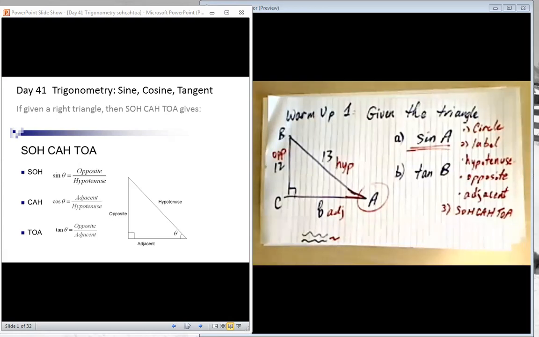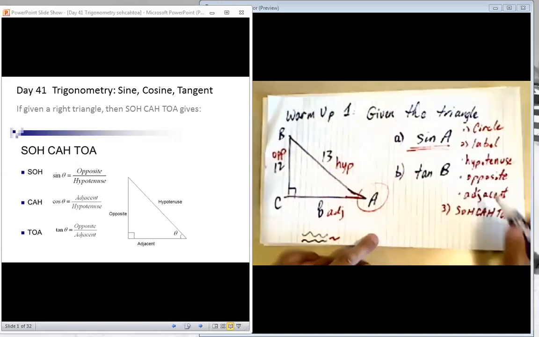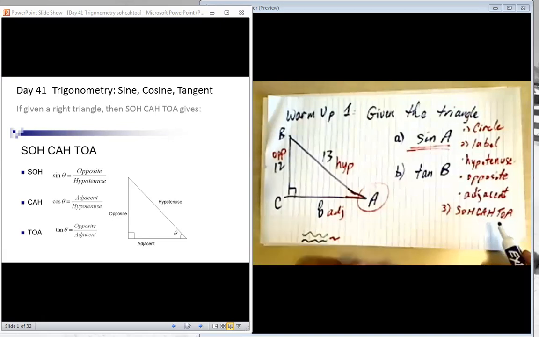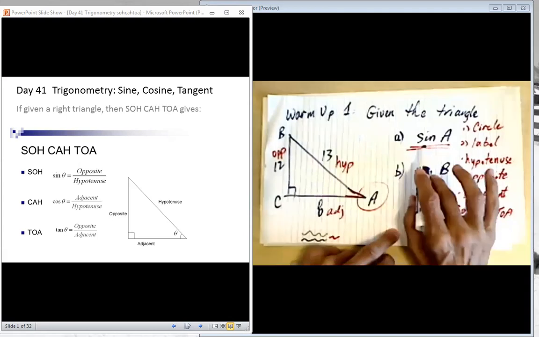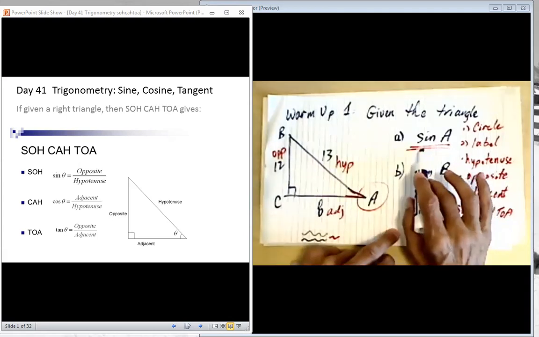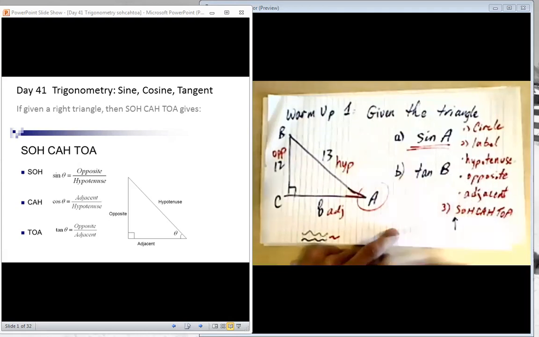Well, we have sine, cosine, and tangent. What does the S, the C, and the T stand for? Good, stands for sine, cosine, and tangent, right? So this question here says, find sine. So that means we look at the S part.